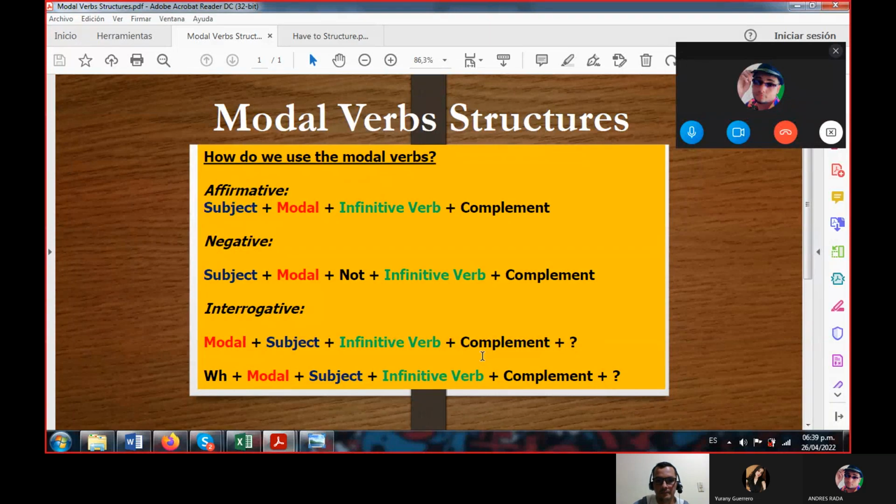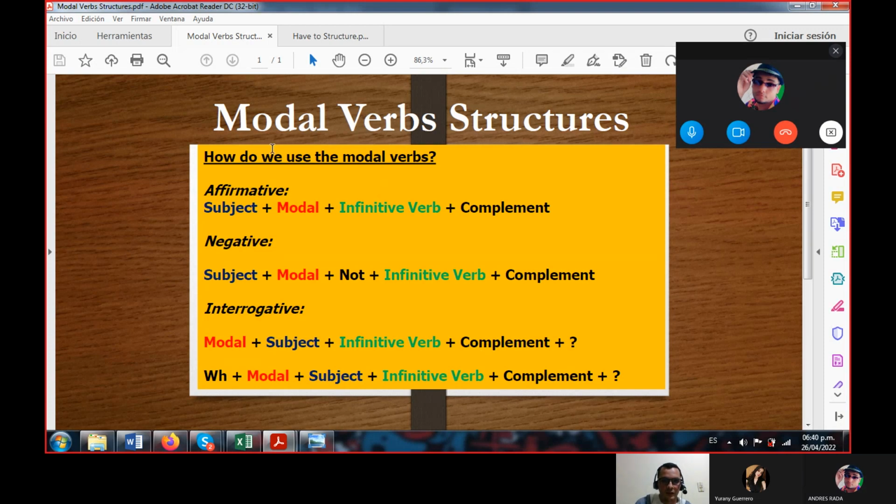Es la forma de usar estos verbos modales. En todos. For example, can, could, may, might. Should, must. La mayoría de modal verbs vamos a utilizar estas estructuras. La única excepción la tenemos con el have to. ¿Ok?